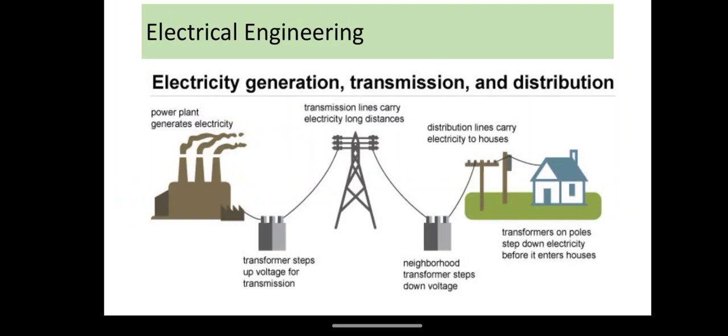Then once again it is stepped down to lower the voltage and distributed to the consumer. So this area which deals with the generation, transmission, and distribution comes under electrical engineering.